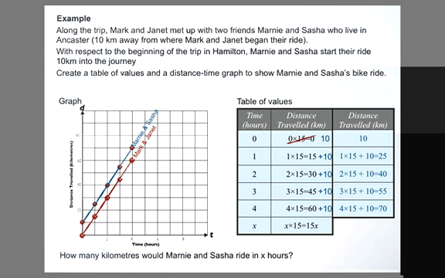Now, how many kilometers would Marty and Sasha ride away from Hamilton in X hours? Well, since they're riding at the same rate as Mark and Janet, and they already have 10 kilometers on them, they're going to ride 15x plus 10 kilometers away. Therefore, they would ride 15x plus 10 kilometers in X hours.